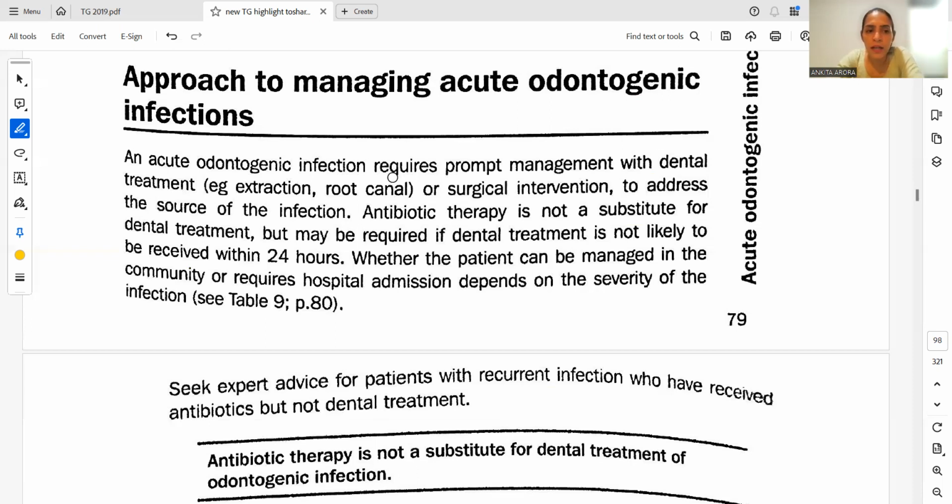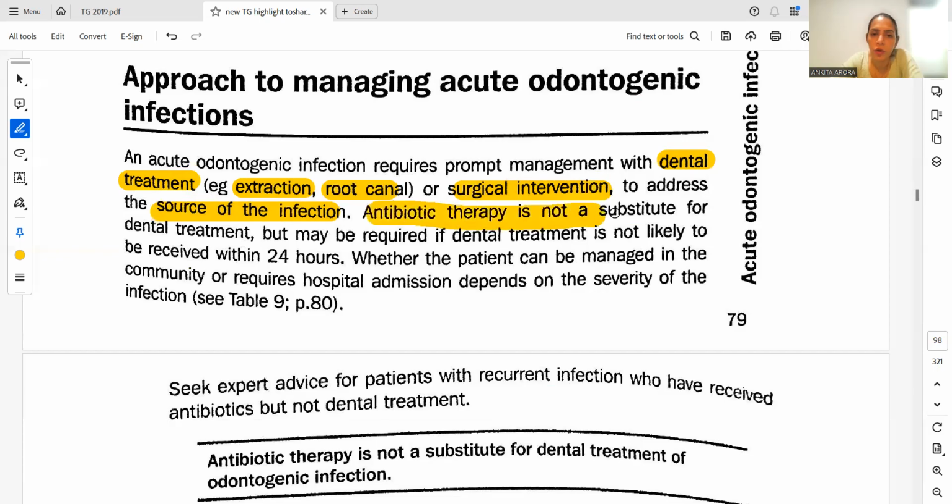ADC. Acute odontogenic infection requires prompt management with dental treatment. Dental treatment is the prime line and not the antibiotics: extraction, root canal, or surgical intervention to address the source of infection. That is the first key highlighting point.